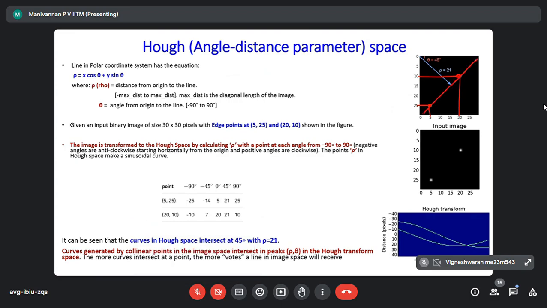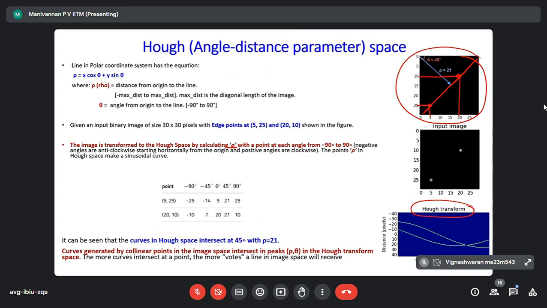The image is transformed into Hough space. This is the image space, the input image, which you want to transform into Hough space. They call it the Hough transform, Hough space. What we do is transform the image by calculating the rho value.